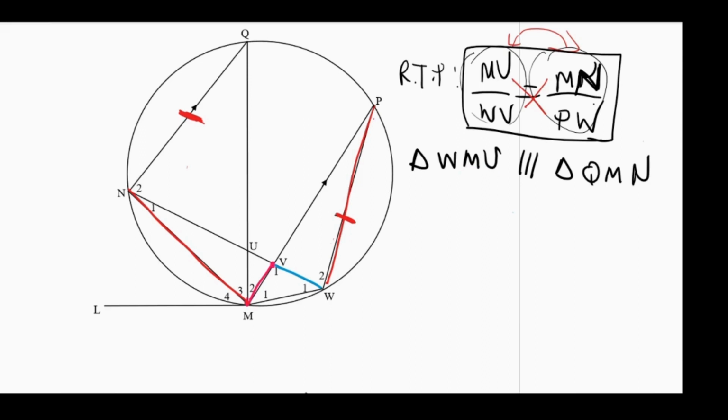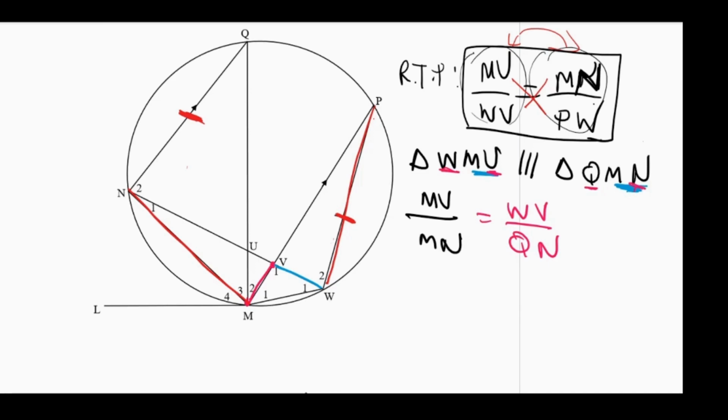So you'll simply say the MV, which is this one here, you'll divide it with this portion here of MN. So it's going to be MV over MN, right? And then you divide it with what's WV. So you see equals to WV divided with QN. So it's going to be divided by QN, right?